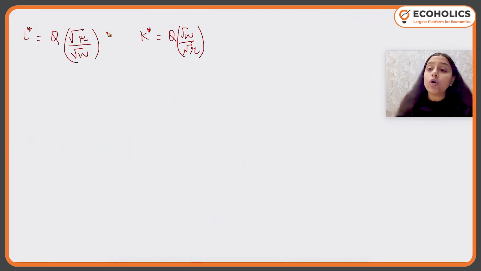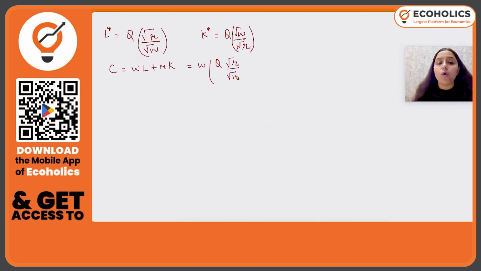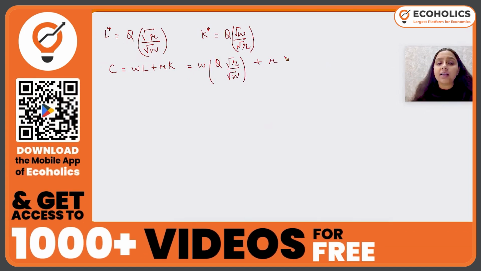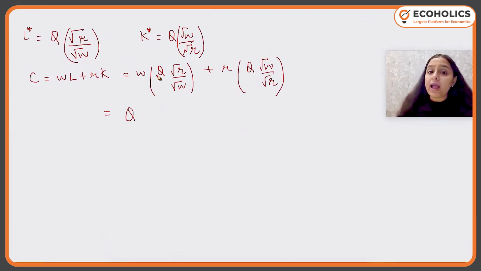Now I need to find the optimized cost function. Always remember the cost function is WL plus RK. So I'm just going to substitute the value of L as well as the value of K. Now, if I solve this, I should get my Q, and these are going to cancel out.